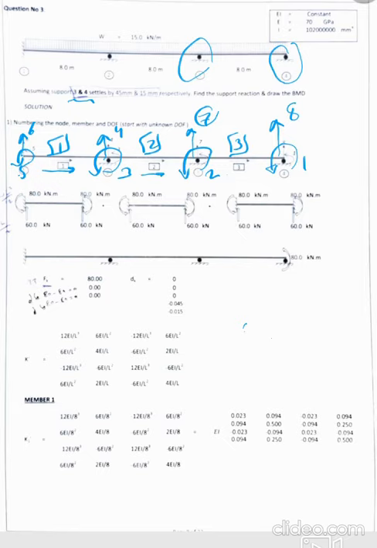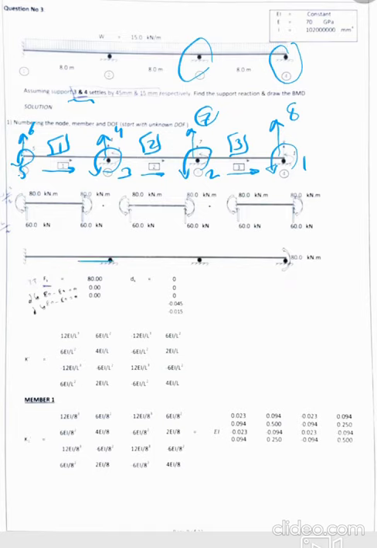It makes it easy when you want to find lambda, but here we have a beam, so no need to calculate lambda x and lambda y. This is only for the frame and the truss. In a beam we don't use this, but just make a direction, it's up to you.